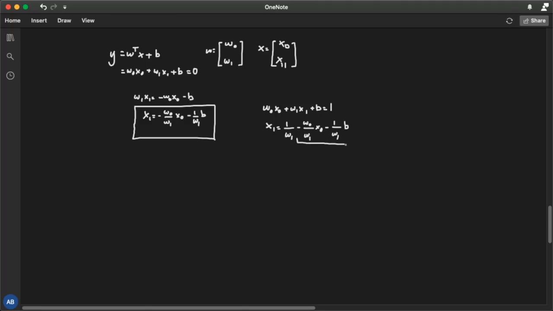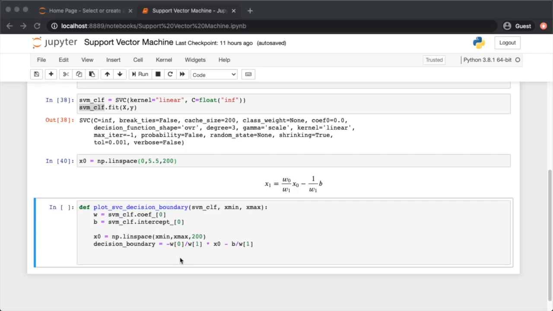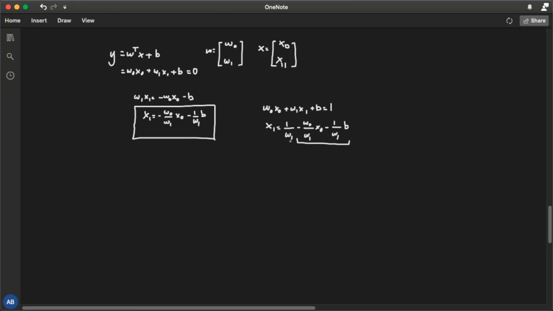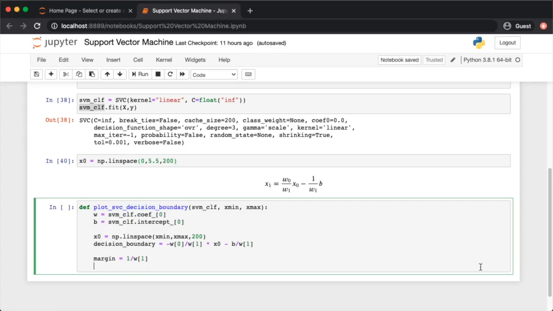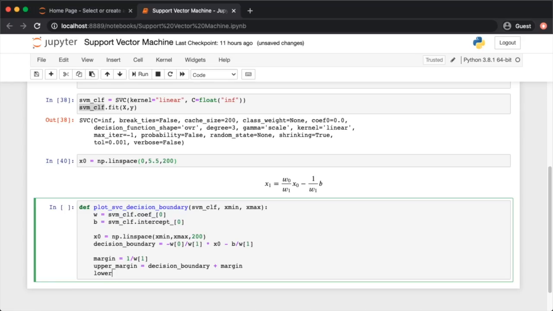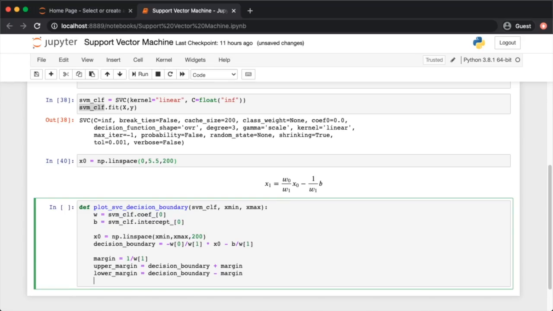So it's the same term plus a 1 over w1 on the upper margin, and minus 1 over w1 on the bottom margin. So let's take this margin, the additional term 1 over w1, and define the upper and lower margins. The upper margin is the decision boundary plus the margin, and the lower margin is the decision boundary minus that margin.